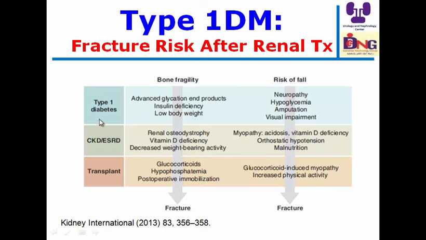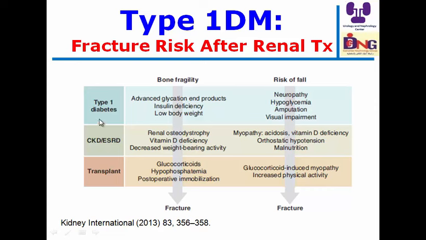This study shows that simultaneous kidney and pancreas is the best modality for type 1 diabetes. For type 2 diabetes, the best transplant option is still uncertain. However, at the end of this presentation, I will show you what is in the guidelines regarding this issue.